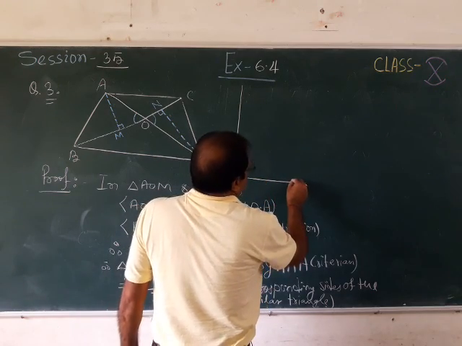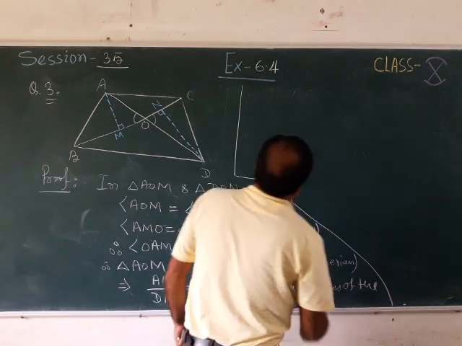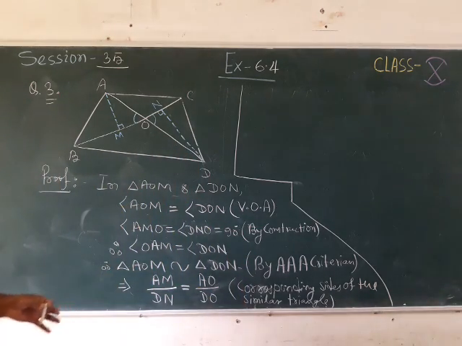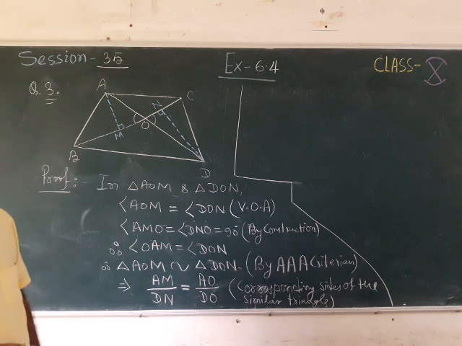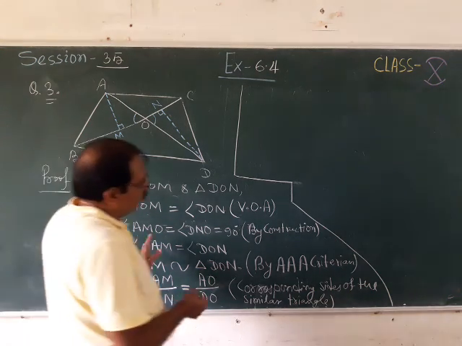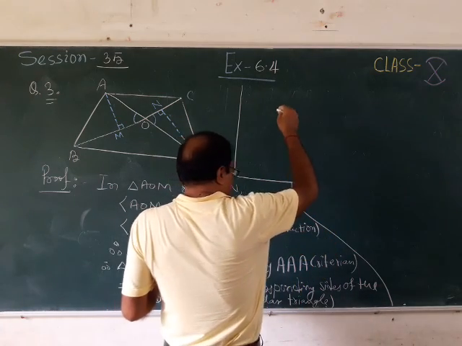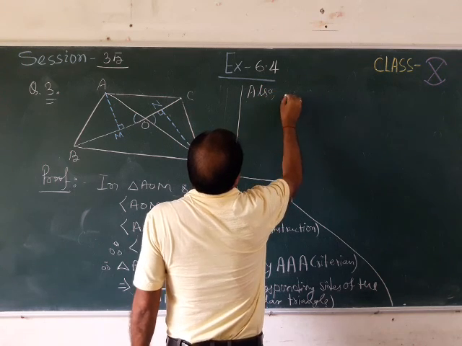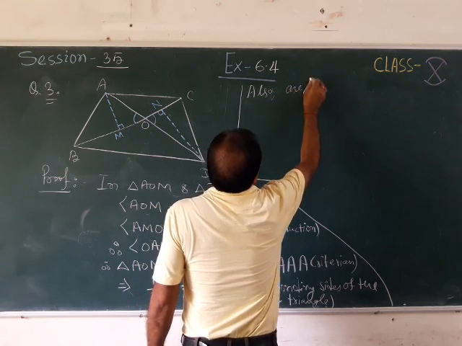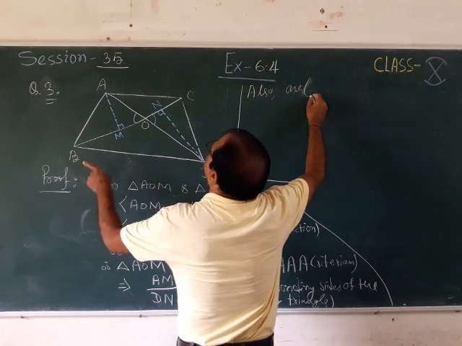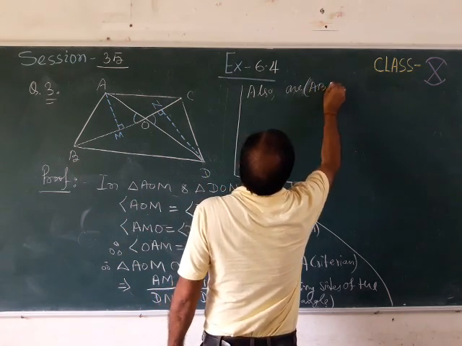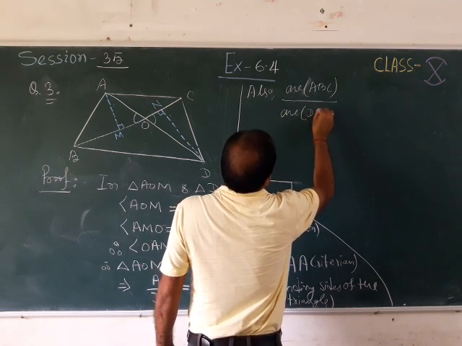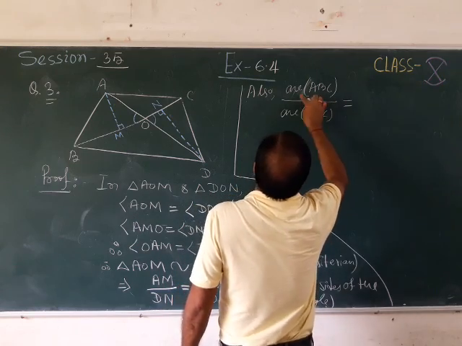On this side I will write the remaining part of the question, or you can copy it down. I can write area ABC upon area DBC.